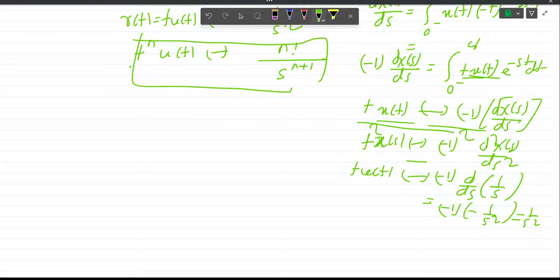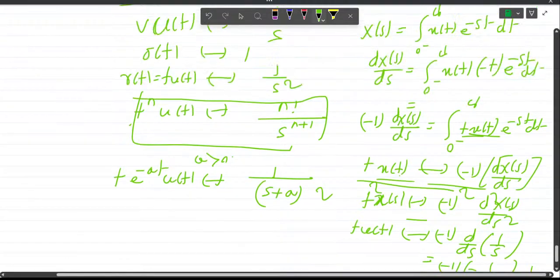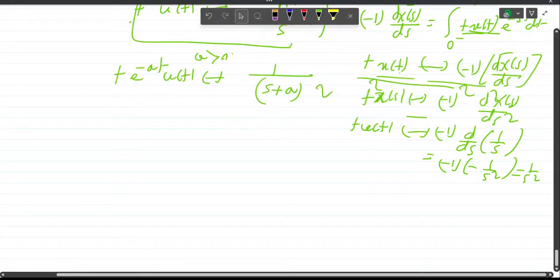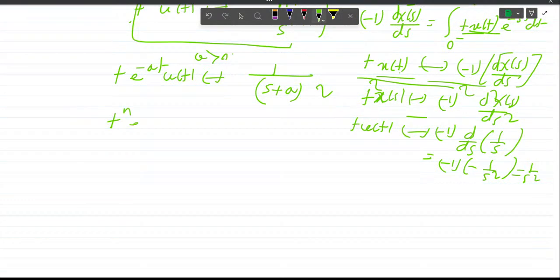For example, suppose you multiply t and x(t) is e to the power minus at u(t). When you differentiate it, you will have 1 upon (s plus a) square. So these are the transforms. Then another transform is t to the power n e to the power minus at u(t).